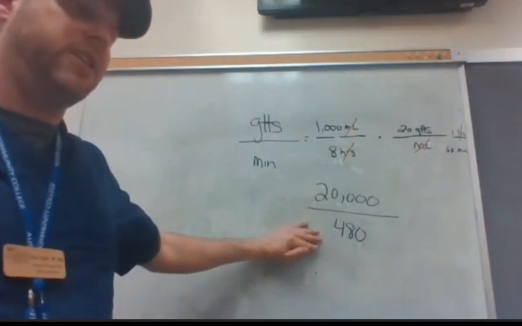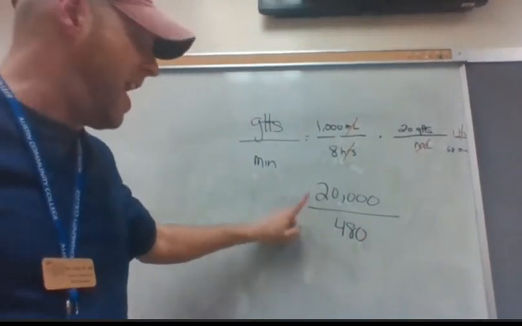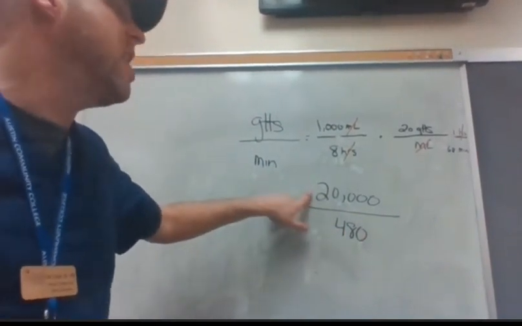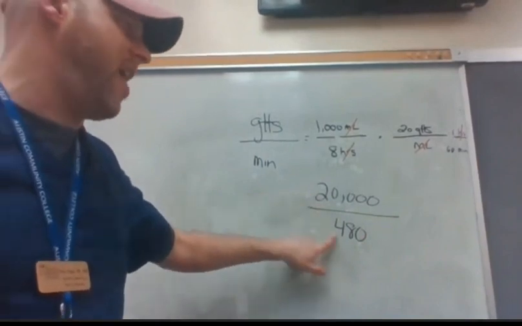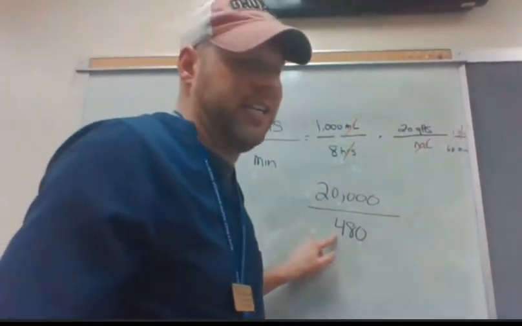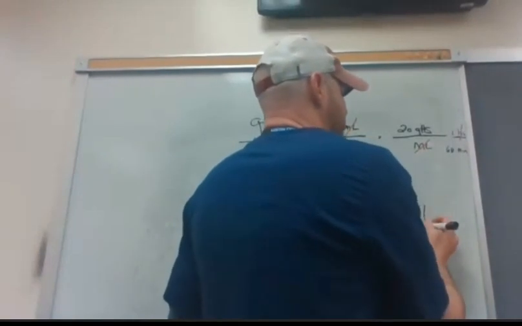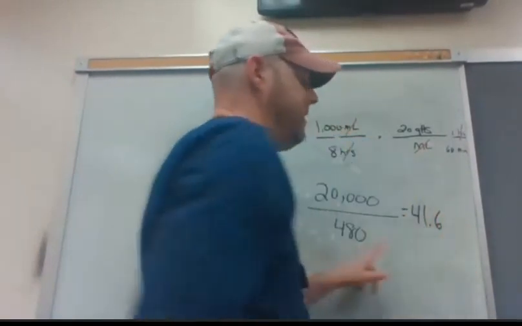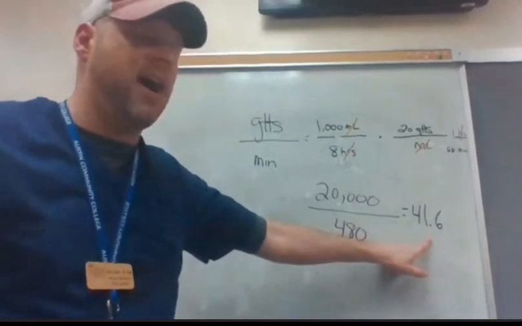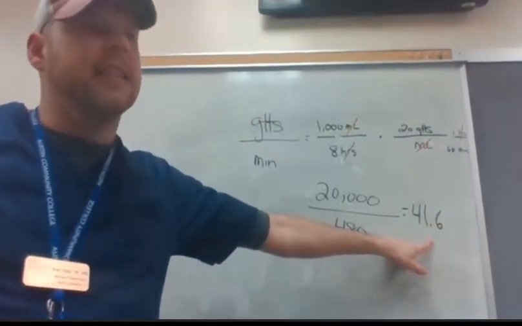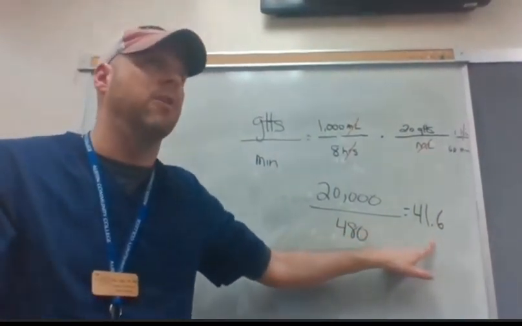Which number do you put in your calculator first to divide? I need the top number. 20,000 divided by 480, and that comes out to 41.6.